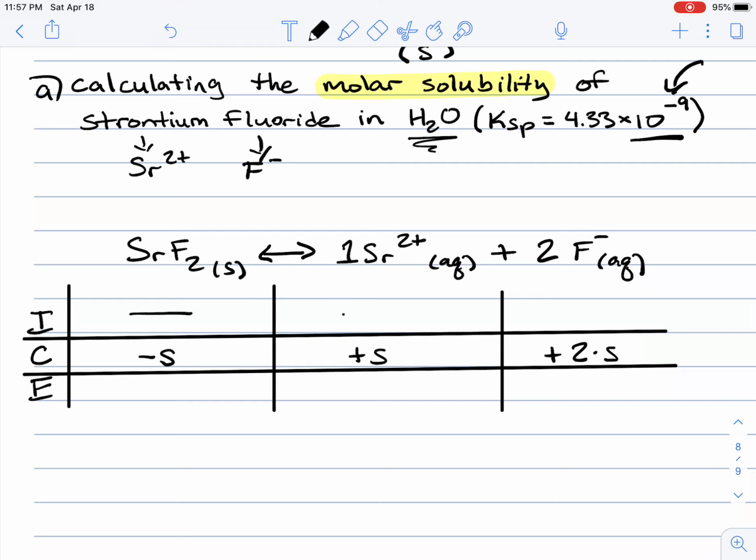And in the problem, we didn't have an initial amount for the products either. And so at equilibrium, if you want to just put minus S, that's fine. But we know since this is solid, we're not going to take this into account in the mass action expression. So this is plus S, plus 2S.